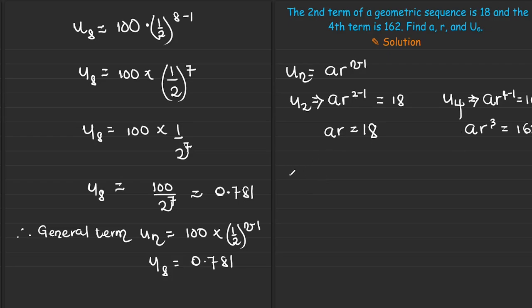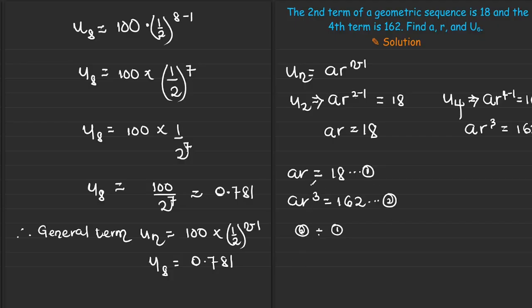So I'm going to call AR equals 18 equation 1. Then AR to the power 3 equals 162 as our equation 2. And how am I going to solve? I'm going to say equation 2 divided by equation 1.